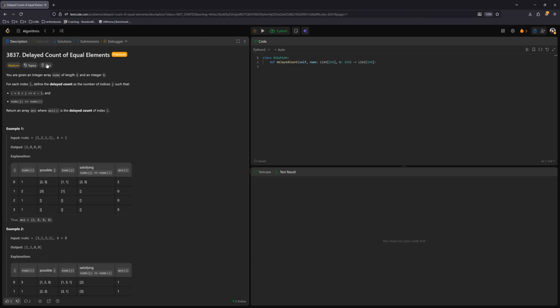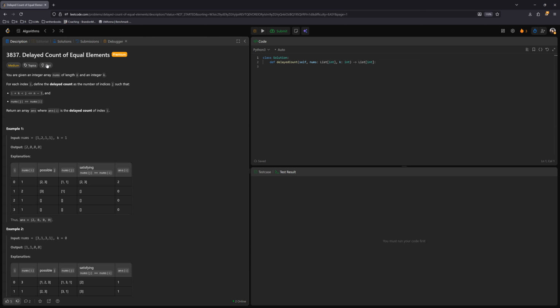Return an array ans where ans[i] is the delayed count of index i. I did not understand a single word that I just read. I feel like I've just wasted my time.